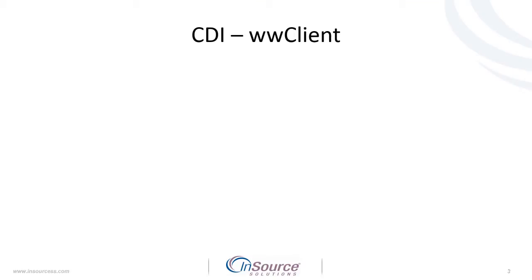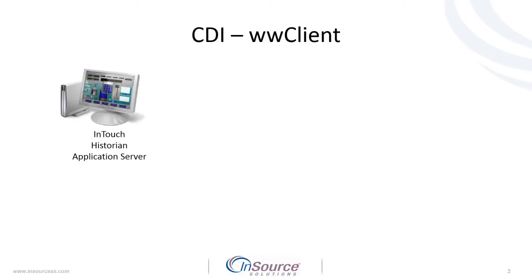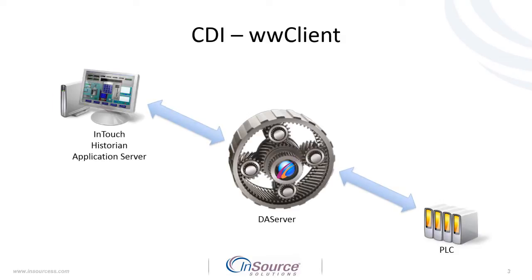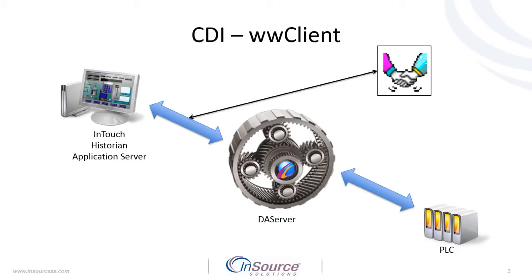Thinking back, we have 2 components that we need to communicate or translate between: the computer that has InTouch or Historian or Application Server running on it, and a PLC or other field equipment. DA servers become the translators that make that communication possible. The WWClient tool allows us to check each of those connection streams, and we have different terminology built into WWClient that describes each one of those connection paths.